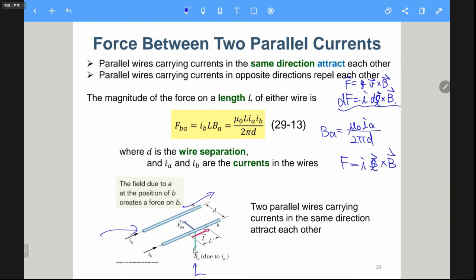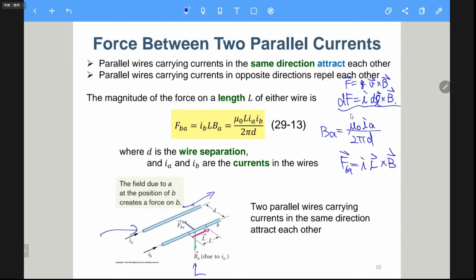So BA is like this. For L cross B, you use the forefinger pointing in this direction and then cross to BA, and your thumb will be pointing in this direction, FBA, like this.